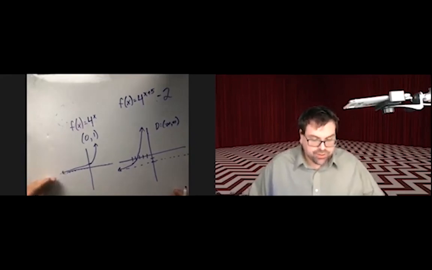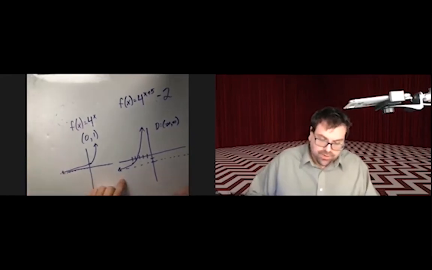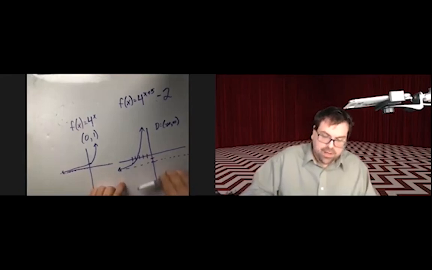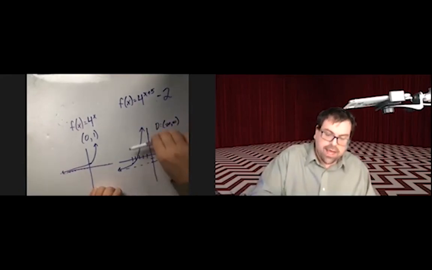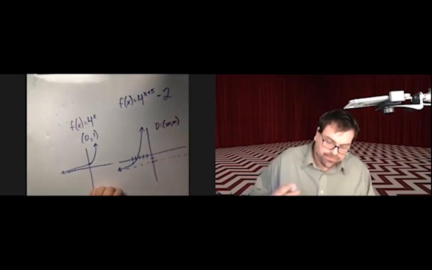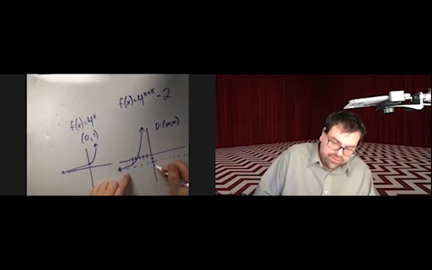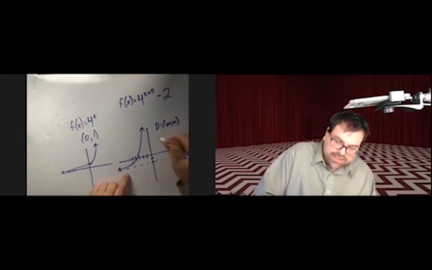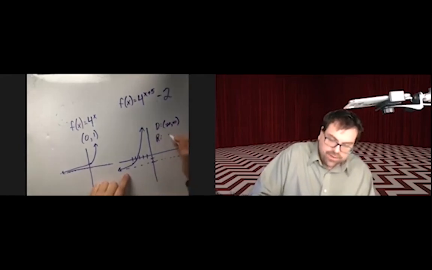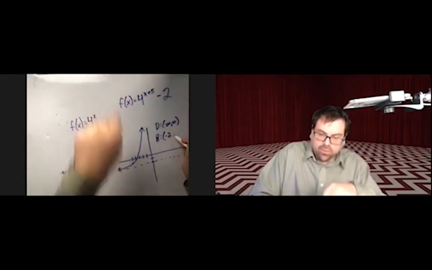But the range, this graph doesn't have any y until it gets past -2, and then it'll have a y value forever.